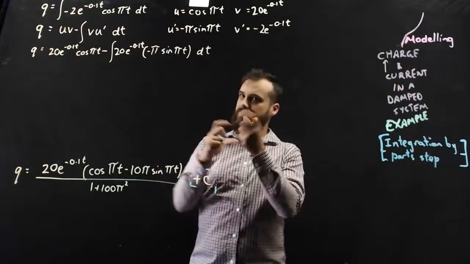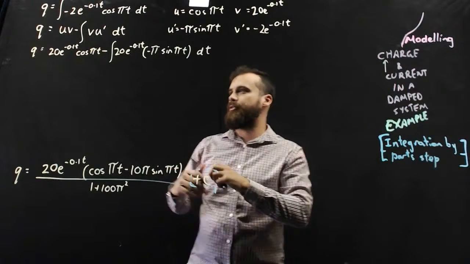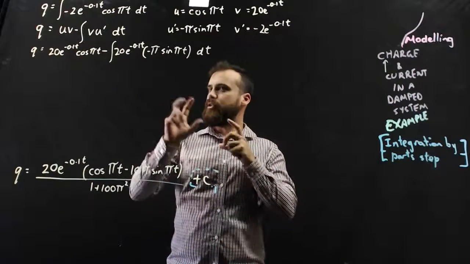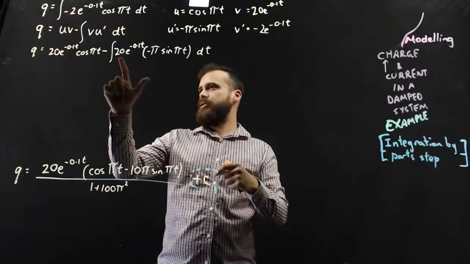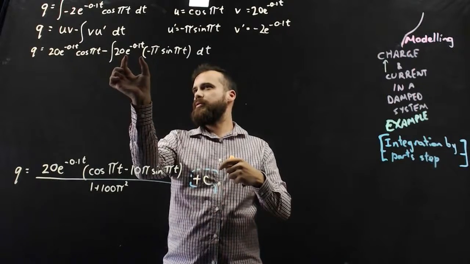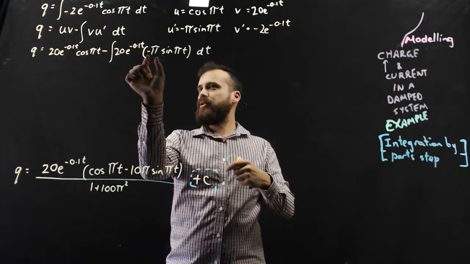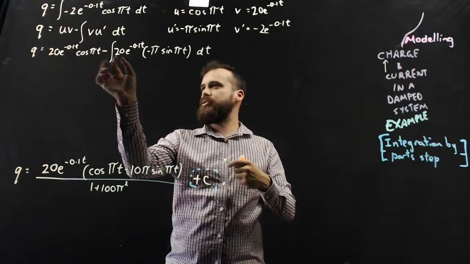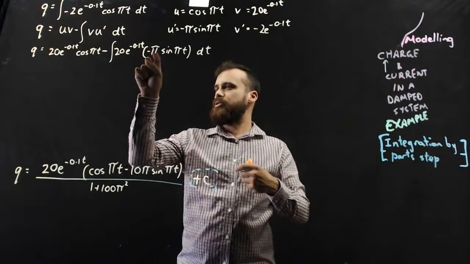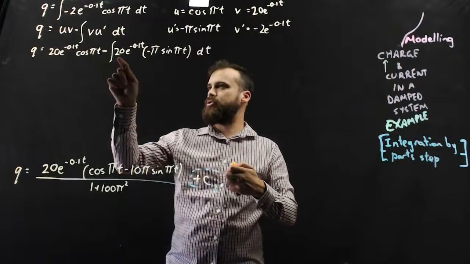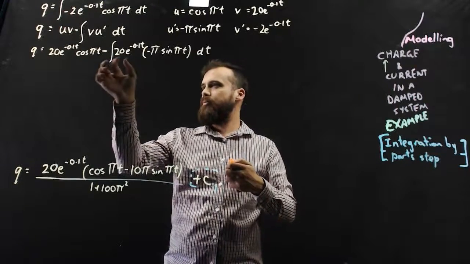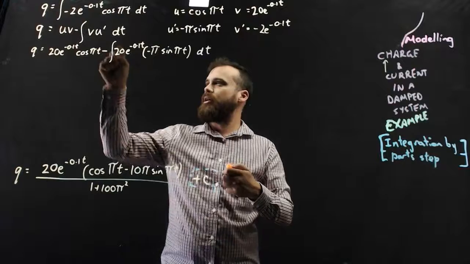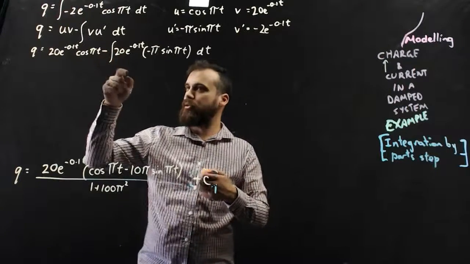Now this is a step that you'll forget and it'll make your life harder if you forget it. There are some constants that we can pull out of here. So it's 20 times this times negative pi times this with respect to t. So 20 is a constant, but so is that negative pi. So I can bring 20 times negative pi outside of here as well.